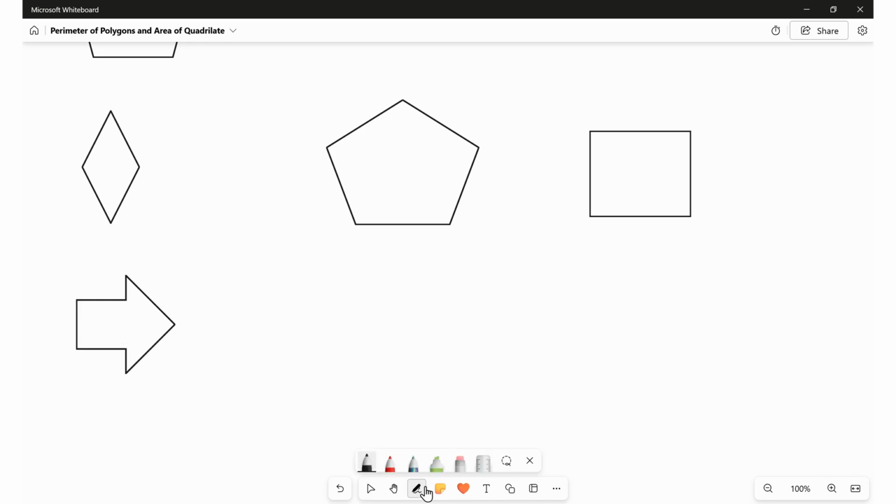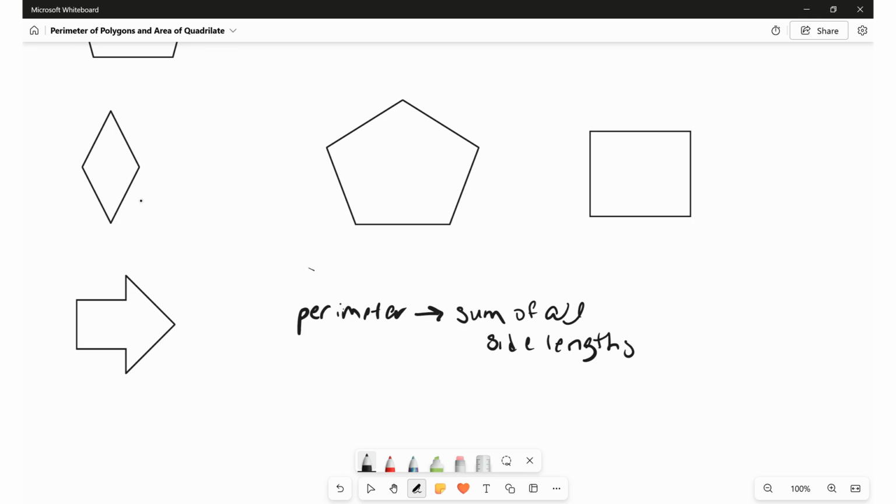And if we want to find the perimeter, perimeter is literally the sum of all sides, or the sum of all side lengths.